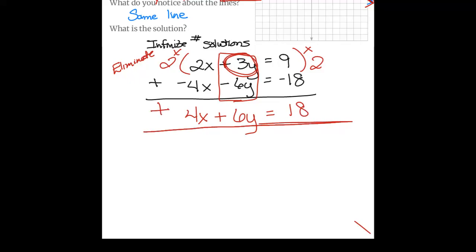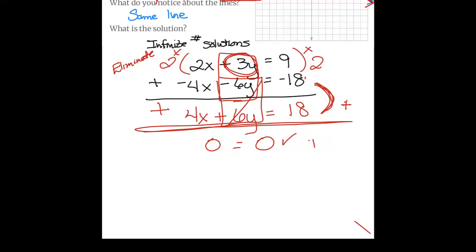So now I'm adding these bottom two equations. I'm going to cancel out the y's. The problem is, what is negative 4x plus 4x? 0 equals, what's negative 18 plus positive 18? Is 0 equal to 0?